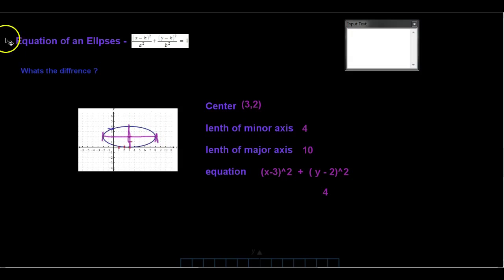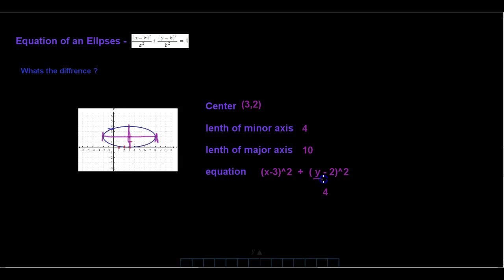Let me add in a little division line for these here. One thing I forgot to mention is that if this was stretched more in the vertical direction, the y squared component would have to go ahead of the x component.